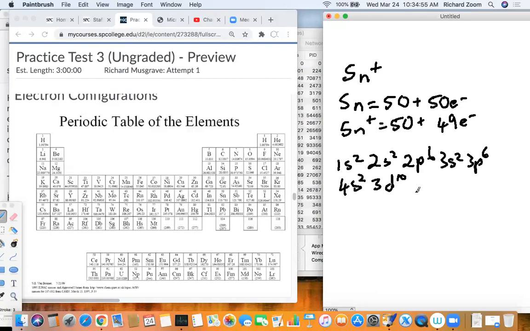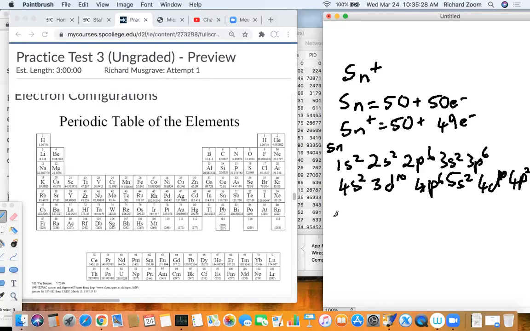This is going to be 4p6. That brings us to krypton, 5s2 to bring us to Sr. Then we need d, let's see, it's 4d10. That'll take us to cadmium. And then 10 here. This would bring us to 5p2.